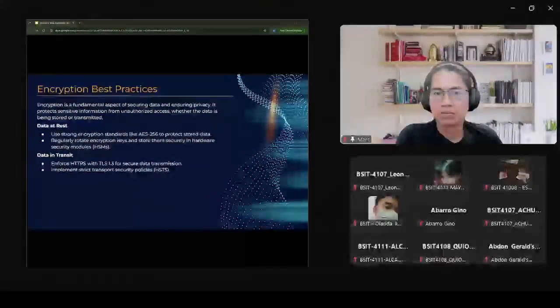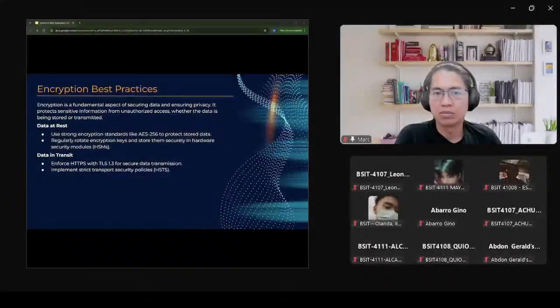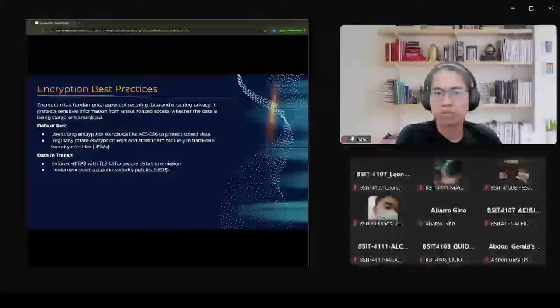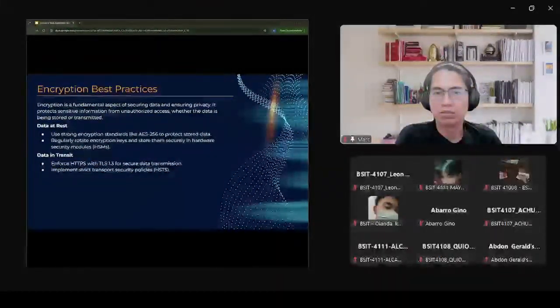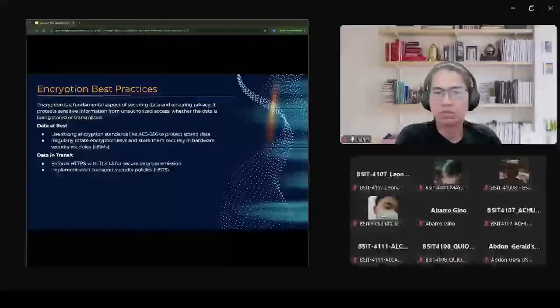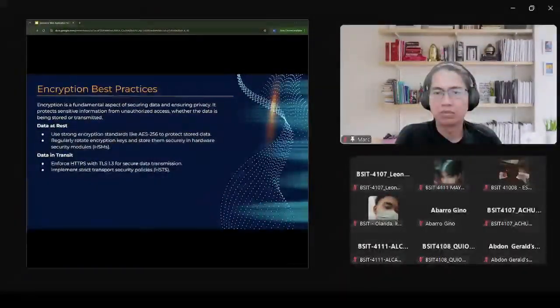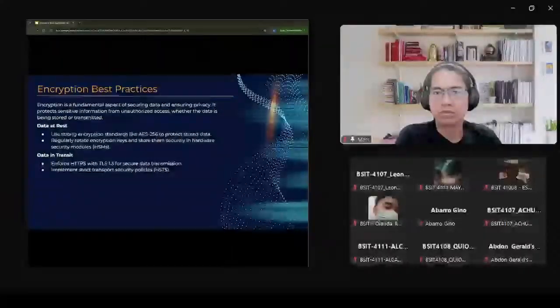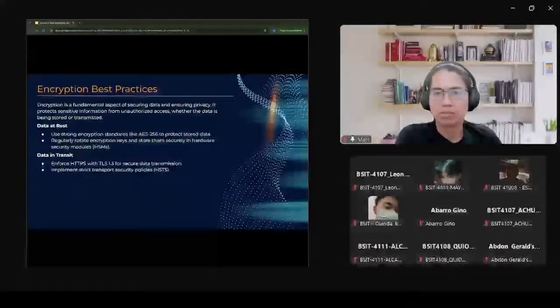The most commonly recommended encryption standard for data at rest is AES 256. AES stands for Advanced Encryption Standard, and 256 is the 256-bit key. AES 256 is widely considered one of the most secure encryption algorithms available today.